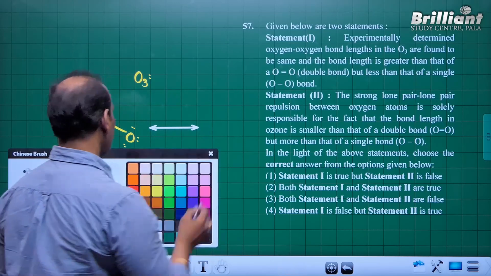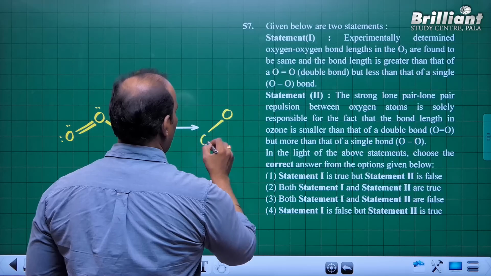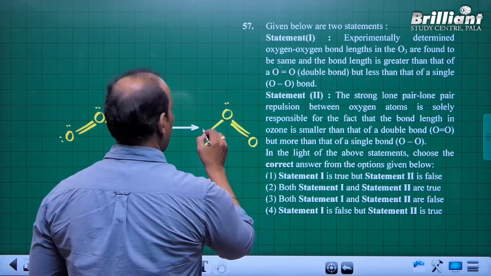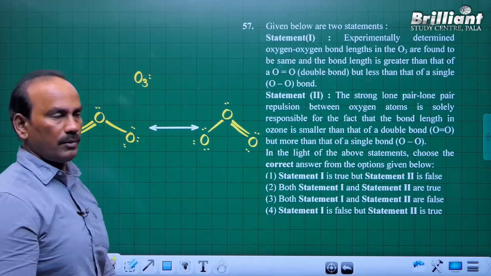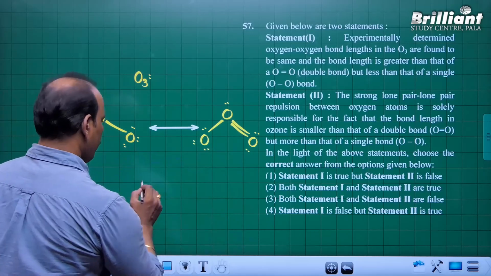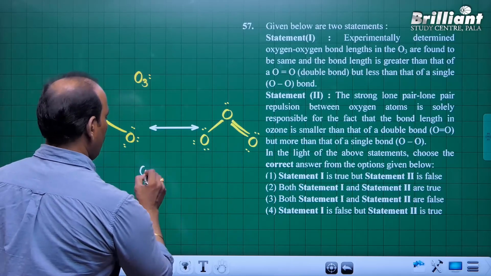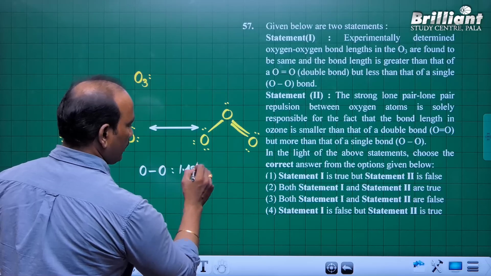Here O single bond, here double bond. Generally the O-O single bond length is 1.48 angstrom.